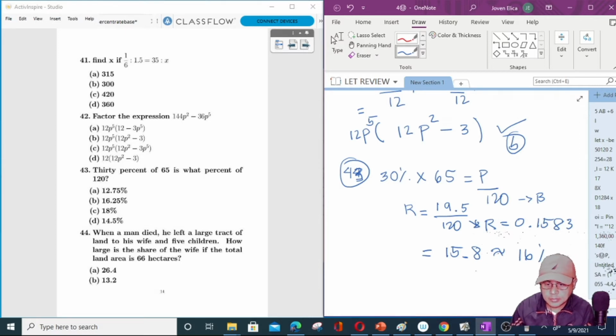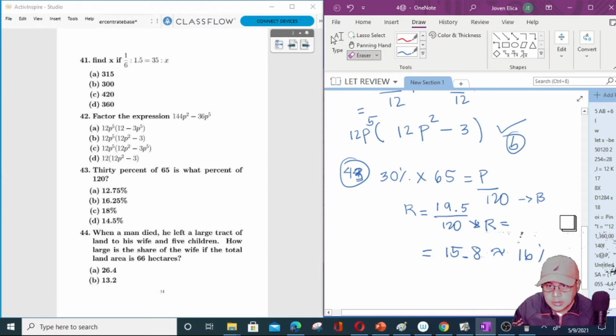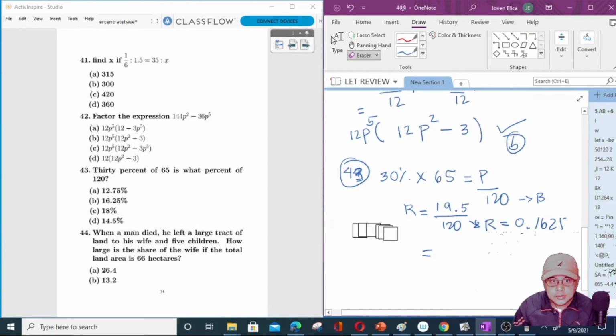16.25. 19.5 divided by 120, sorry, it should be 0.1625. The calculations were wrong.